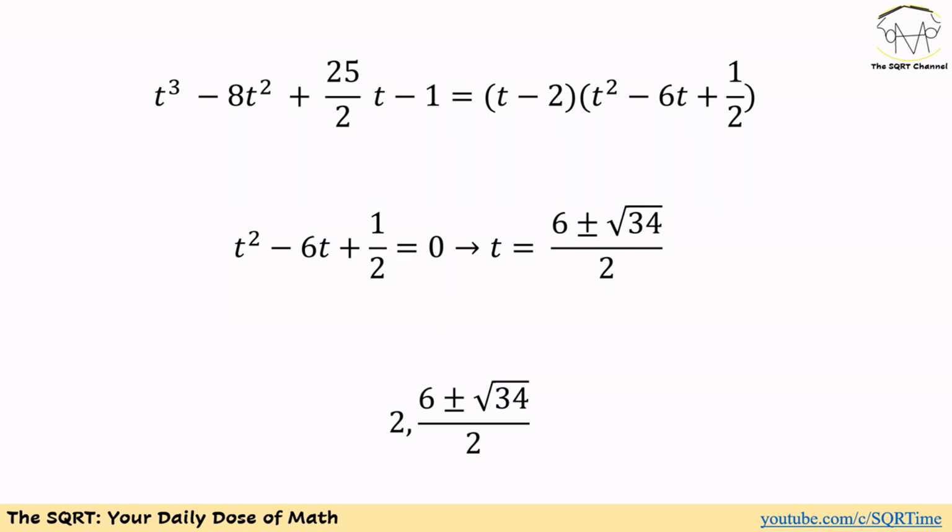They are going to be 6 plus minus square root of 34 over 2. So at the end we have 2, 6 plus square root of 34 over 2 and 6 minus square root of 34 over 2 as the roots of the polynomial.